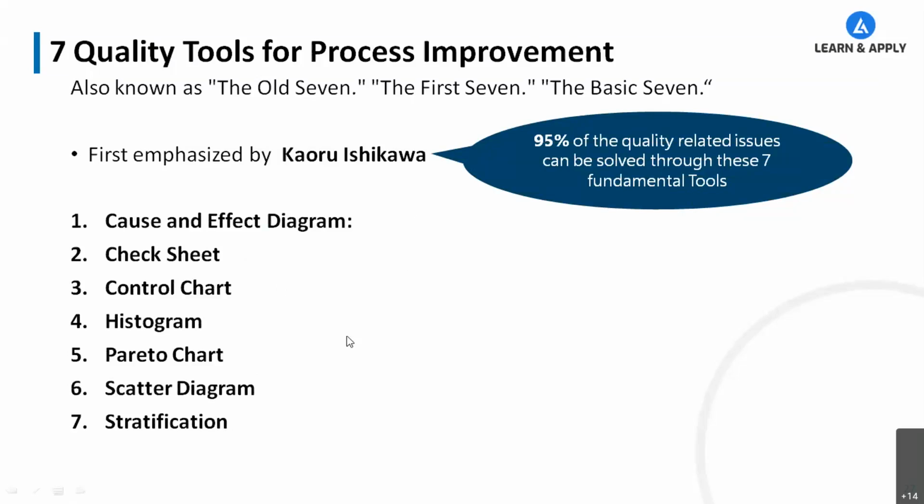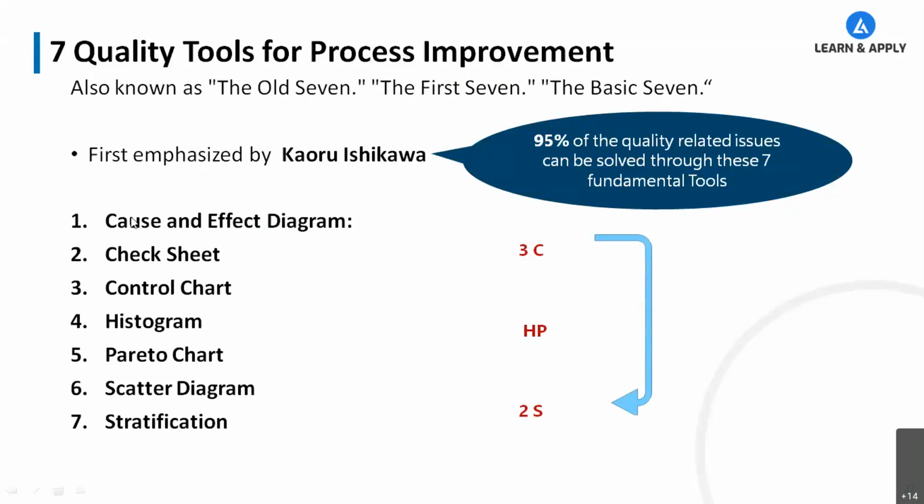It is not possible to delve deeply into all these 7 here. We will just have a look at the basics of these tools, and then go forward. To remember these 7 tools, we have created one very easy mnemonic. We have to go from 3C to 2S, through HP.